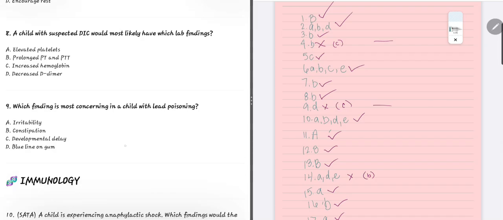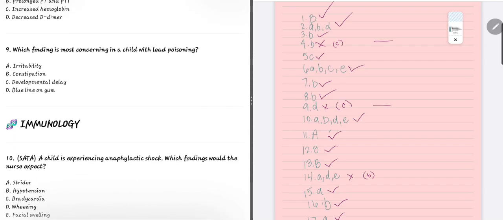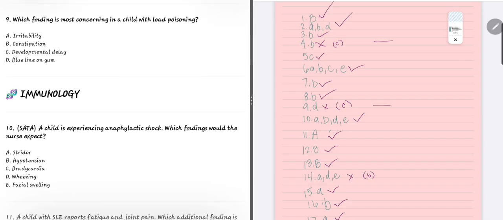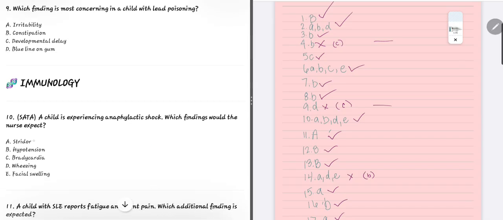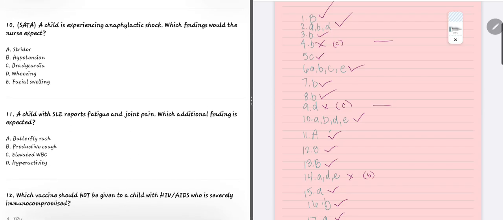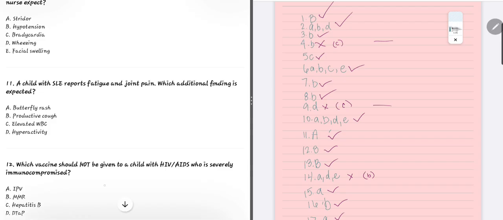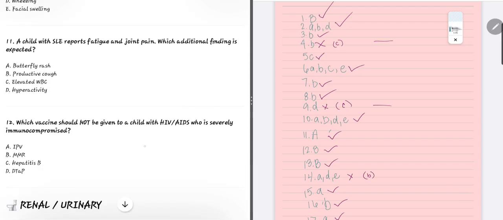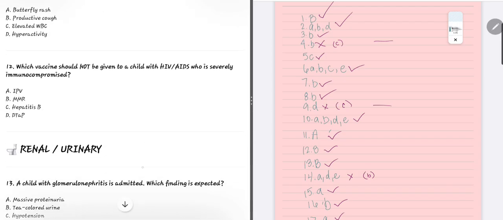Okay. And then 10 is stridor, hypertension, wheezing, facial swelling. 11 is butterfly rash. 12 is MMR.